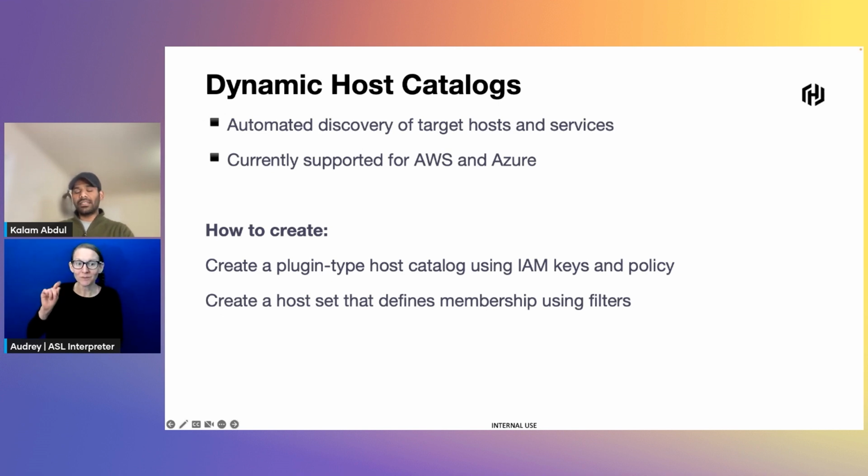So in a scenario where you have an auto scaling group or you're adding new instances in your AWS region, based on the plugin you enable in that region, you don't need to manually add those targets, the backend instances, to the Boundary target or to the catalog. They will get added automatically.